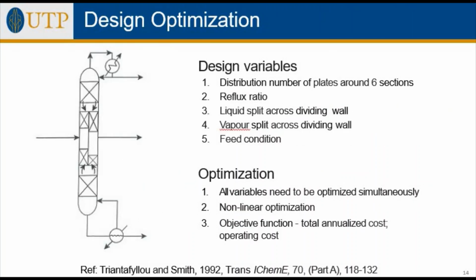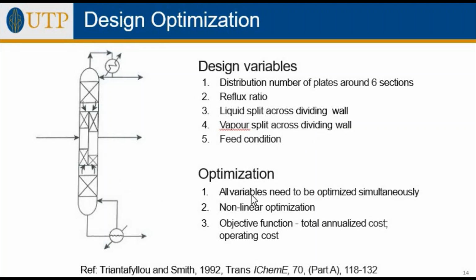This slide shows the design optimization, whereby the design variables include distributions, number of plates around the six sections, reflux ratio, liquid split across the dividing wall, vapor split across the dividing wall, as well as the feed condition.